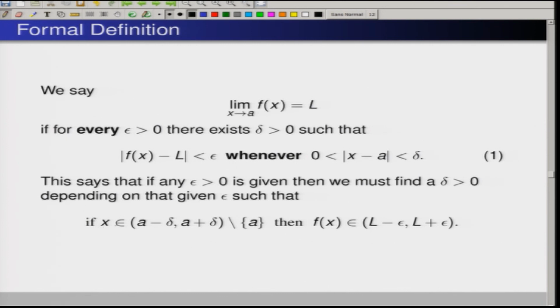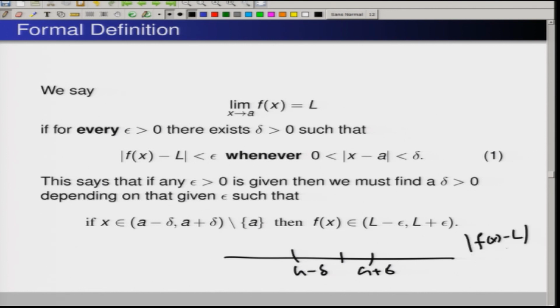Now if x belongs to the interval a minus delta to a plus delta, but not a, then f of x must belong to L minus epsilon to L plus epsilon. That means the absolute value of f of x minus L is less than epsilon, which is nothing but the same statement.